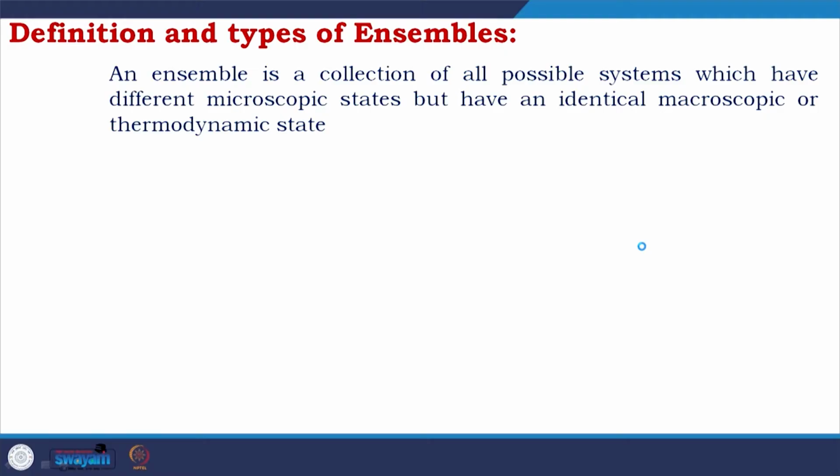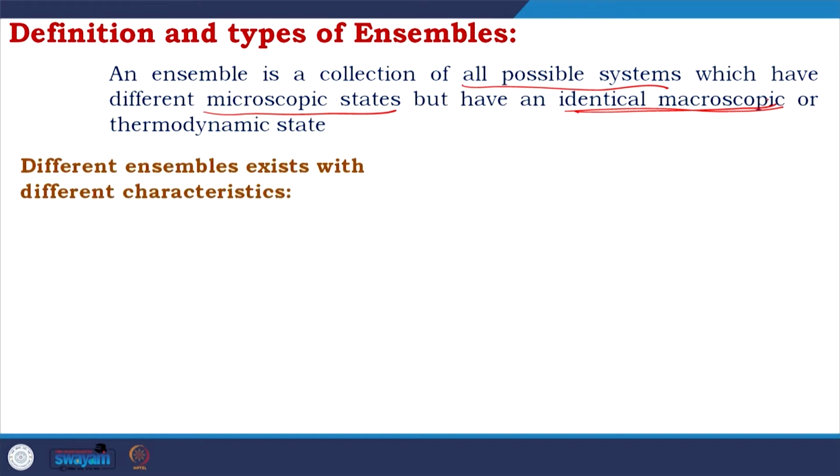So, what is an ensemble? An ensemble is a collection of all possible systems which have different microscopic states, but have an identical macroscopic or thermodynamic state. I repeat, a collection of all possible systems which have different microscopic states, but identical macroscopic or thermodynamic state.